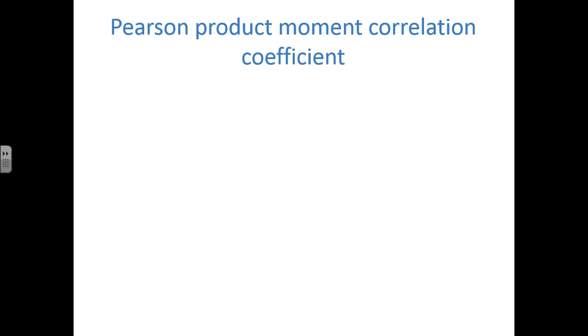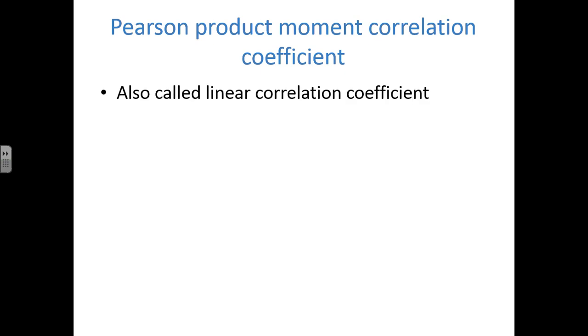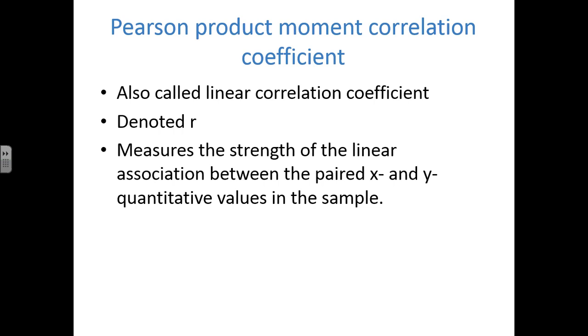The Pearson product moment correlation coefficient is a value that measures the strength of the linear relationship. It is also called the linear correlation coefficient. It's denoted by a lowercase r, and it measures the strength of this linear association. Now notice, if you have a strong relationship that is not linear, suppose you have a parabolic relationship or a logarithmic relationship or an exponential relationship, you may have very strong relationships between x and y that are not linear.